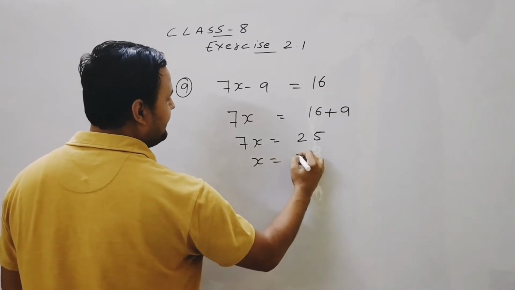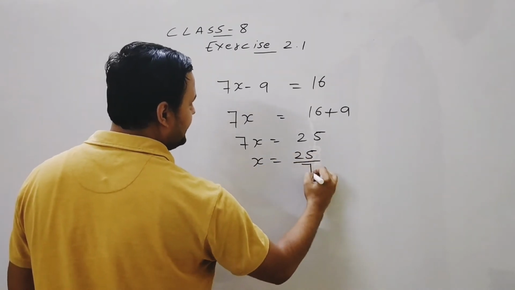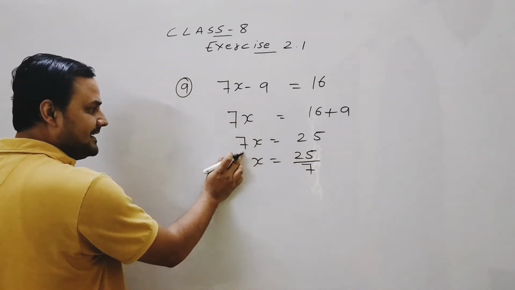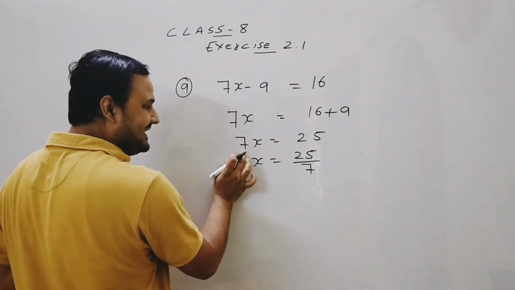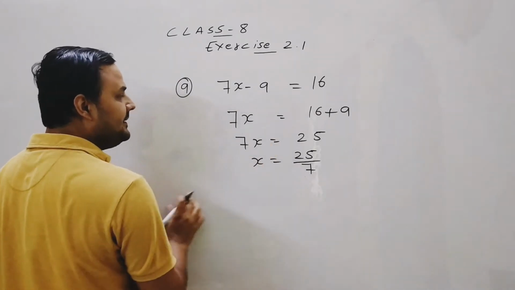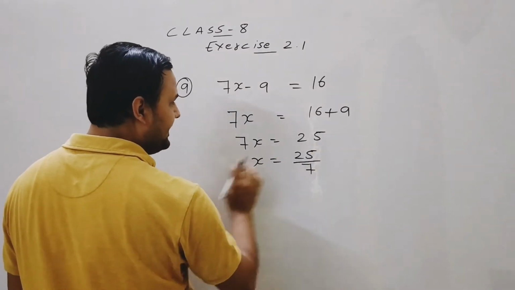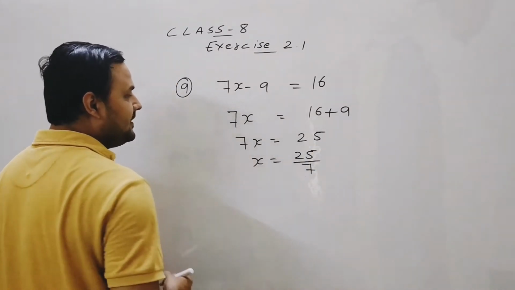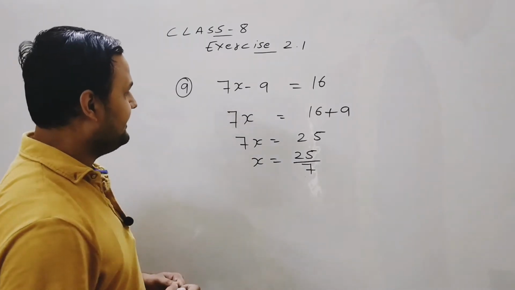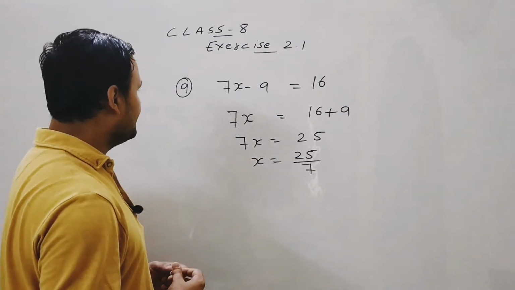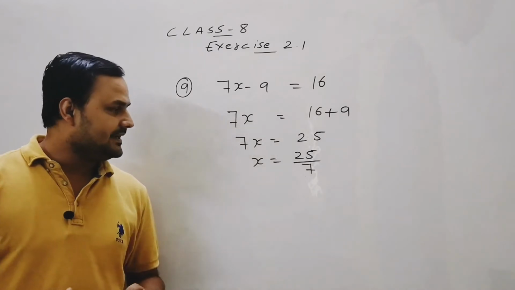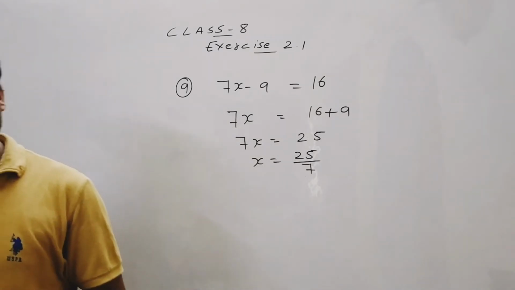So x will be 25 by 7. Why? Because 7 into x, this 7 is with x with the multiplication symbol. When it goes on the right hand side, it will be division. So x equals 25 by 7. So for the answer of question number 9, x equals 25 by 7.